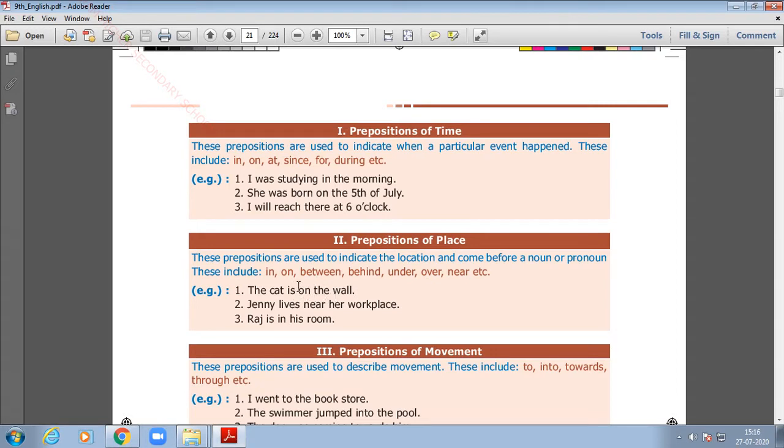Who is there on the wall? The cat. This is the relation between the cat and the wall. If you do not have this on, then you have the sense like the cat is the wall and the wall is the cat. Unless you place a preposition, you won't have any sense there. That is why we use the preposition here.